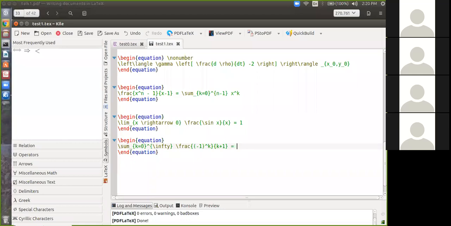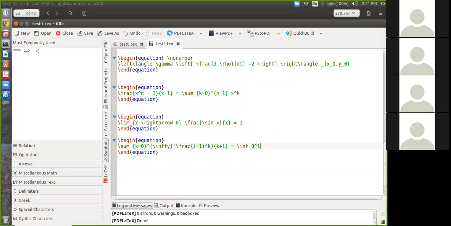Equal to integration, slash int, this is inbuilt, underscore, this is the limit, underscore 0 to the power 1. It means from 0 to 1, subscript and superscript.